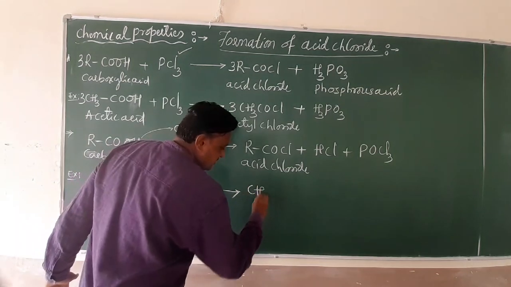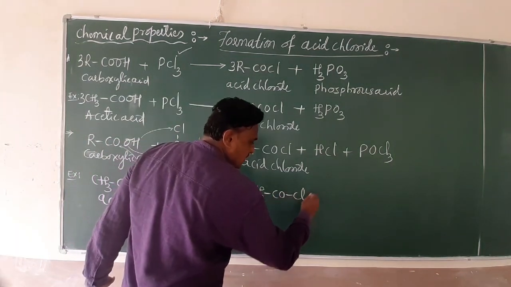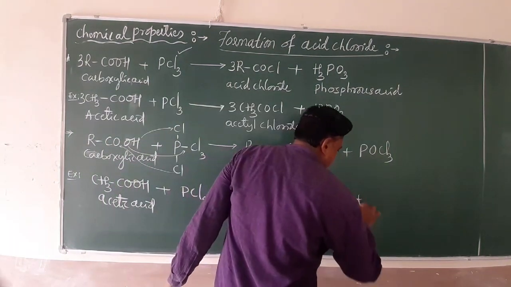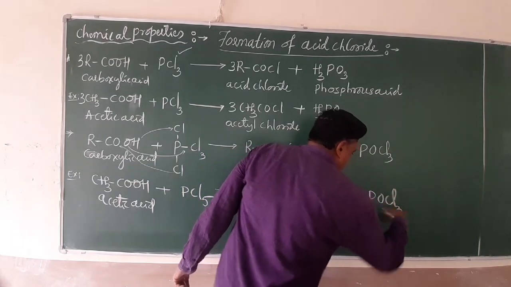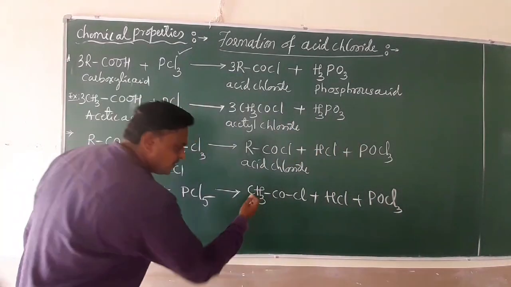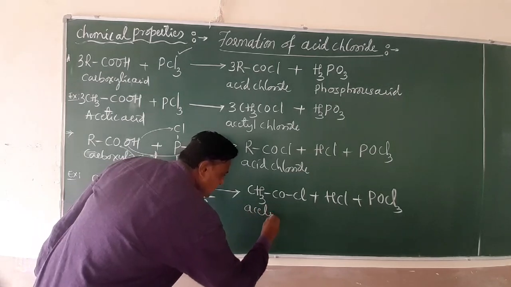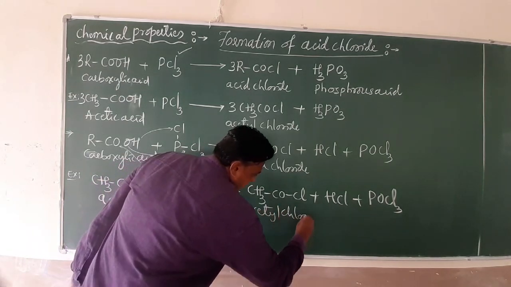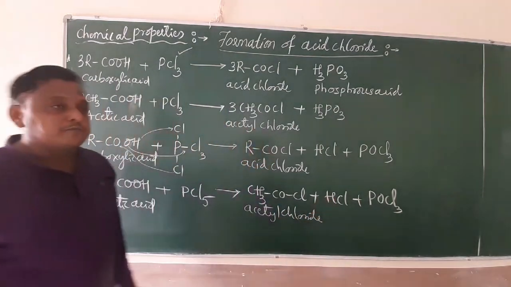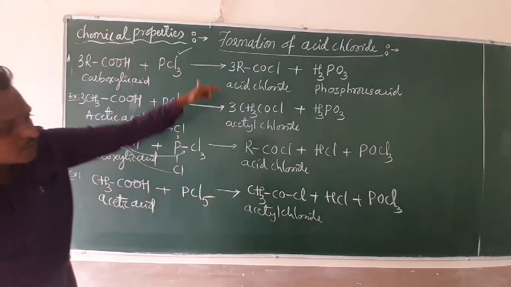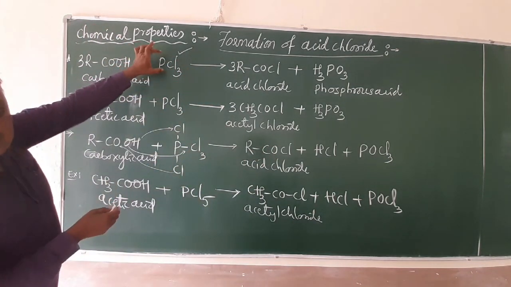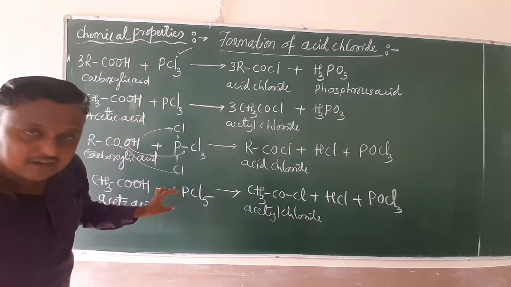Now the formation is CH3COCl, HCl and POCl3, phosphorus oxychloride. Name of this compound is acetyl chloride.